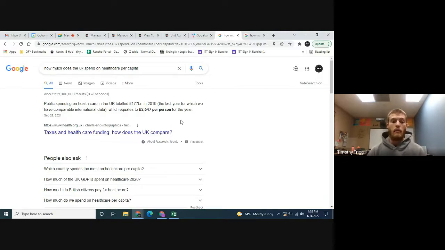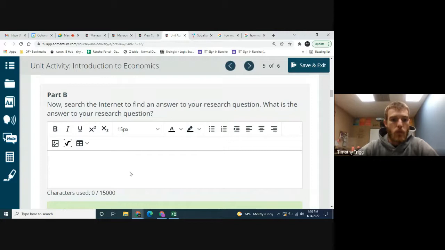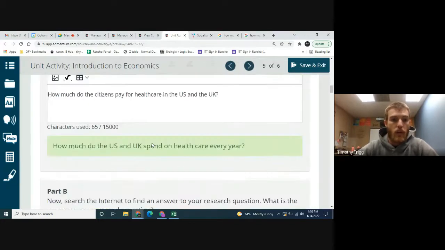So on average, the UK, they spend much less on healthcare than the US do. Okay. And again, this would be taken out of their taxes. They wouldn't be paying this directly to doctors or hospitals or anything like that. Okay. So those are the answers for this question here.